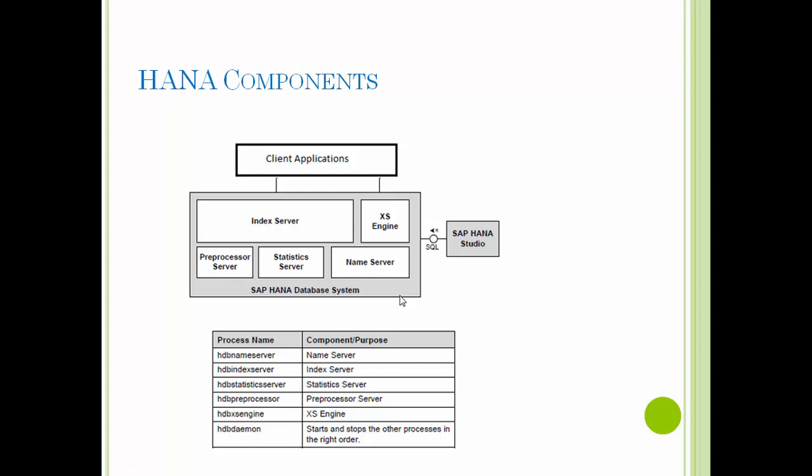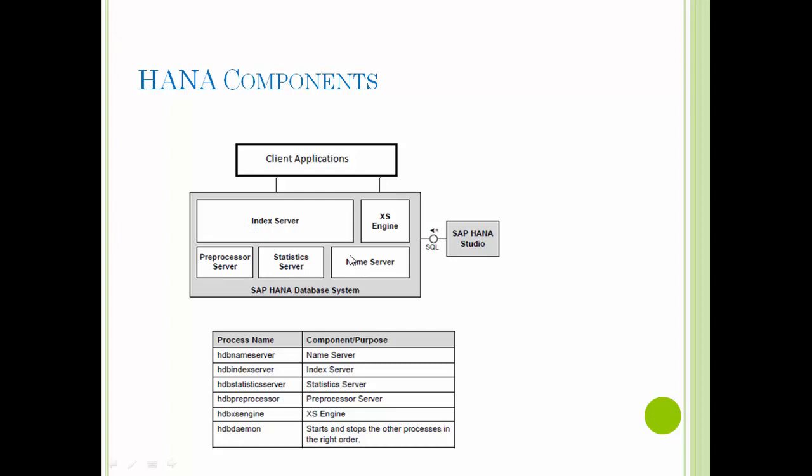First most important component is the index server, which contains the actual data stores and the engines for processing the data. This index server is primarily responsible for all calculations that run in HANA DB. Next, moving on to the name server.